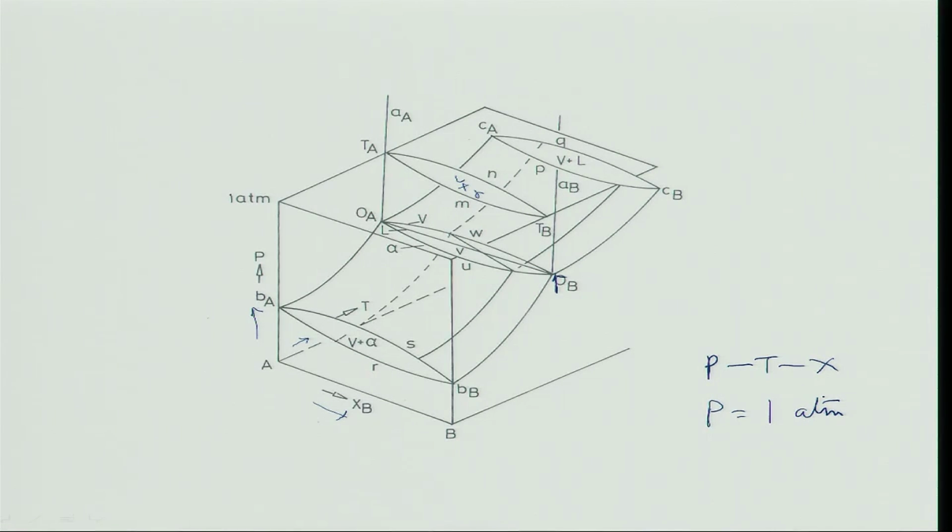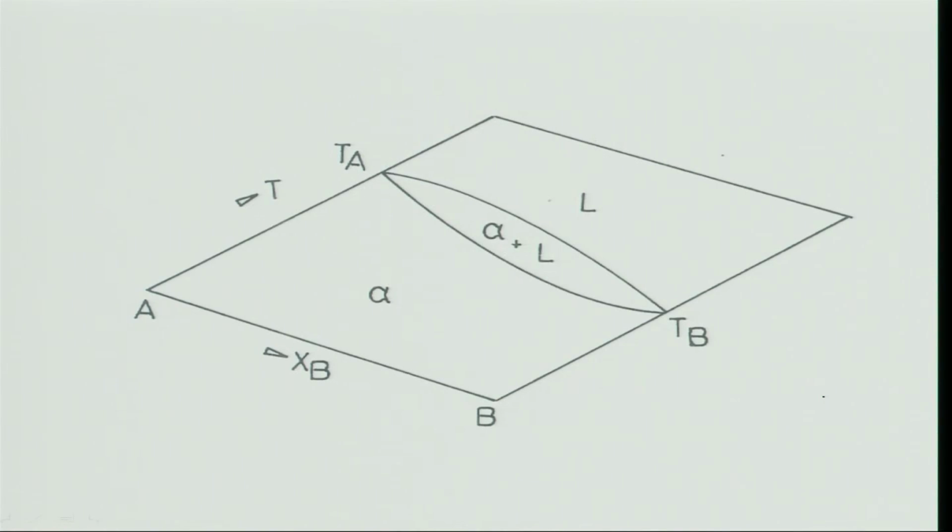How will it look? Very simple. It will look like this: the vertical axis is temperature and the horizontal axis is composition, and there are two components, A and B. Therefore one composition axis is enough, because if I know one composition, the other composition can be easily obtained.